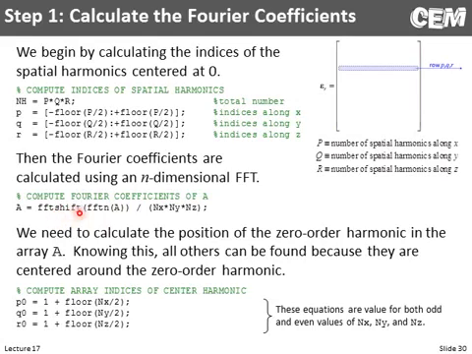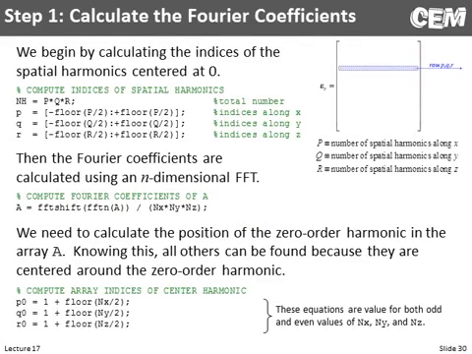We will FFT shift that in order to place the zero-order harmonic right in the middle of our new matrix A, which is now the Fourier transform. And because of the way MATLAB scales things, we have to divide by the number of points in A. We know the size, it's nx times ny times nz. So now A is properly scaled and contains the exact Fourier coefficients that we need.